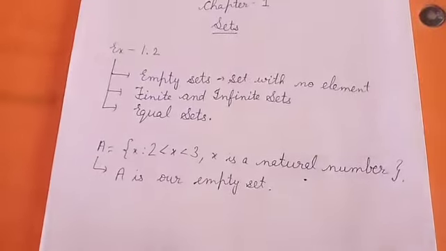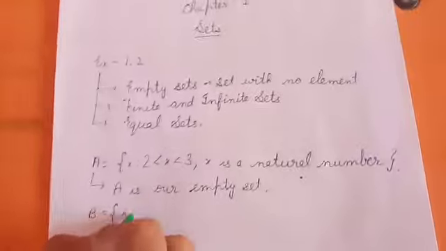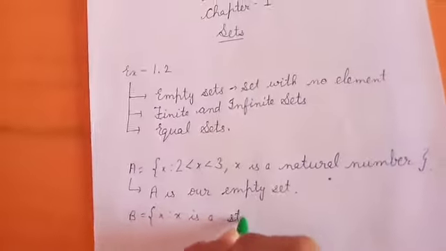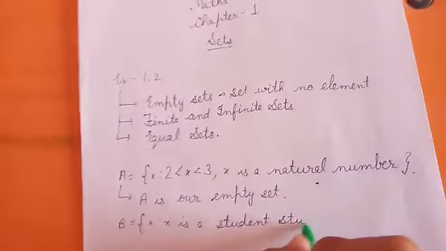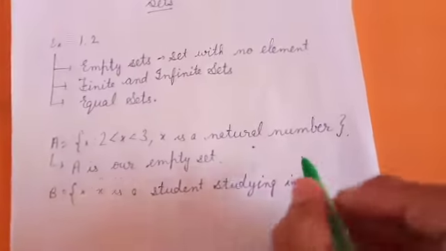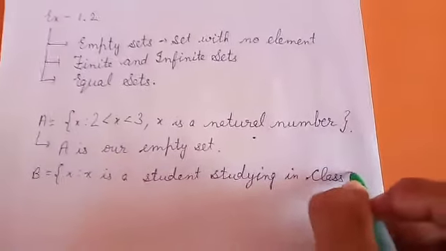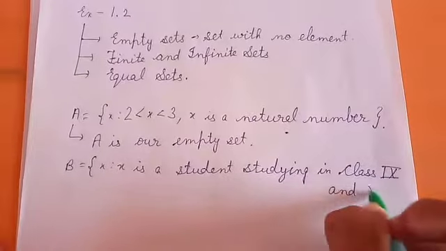Similarly, you can take more examples, such as another set B, where x is a student studying in class 9th and 10th.